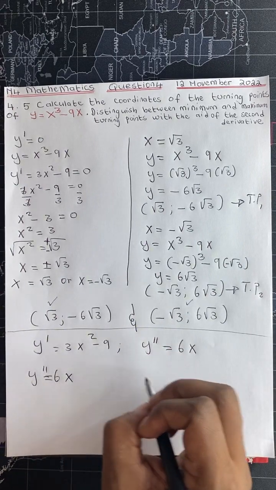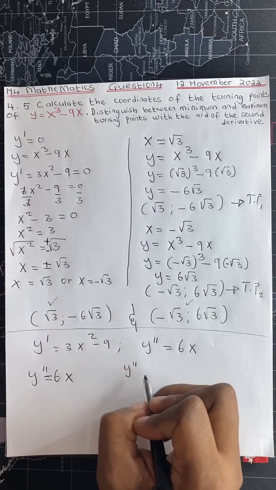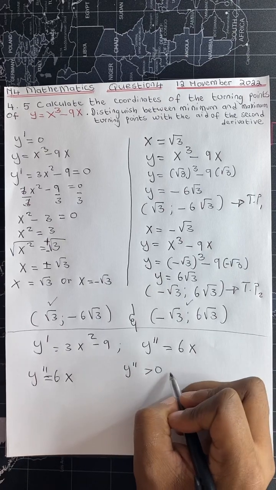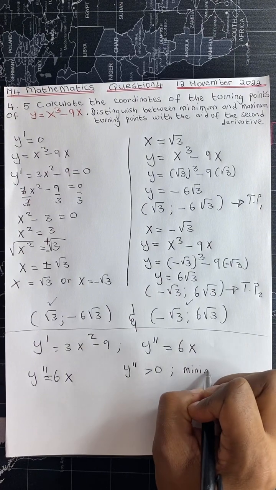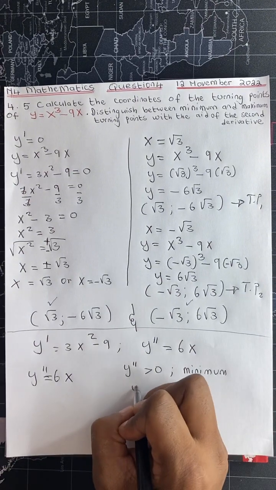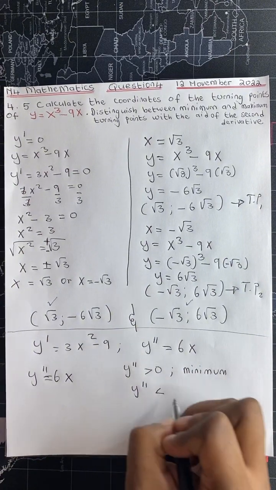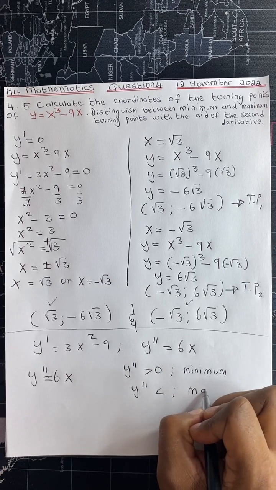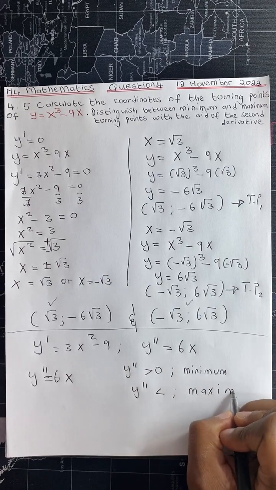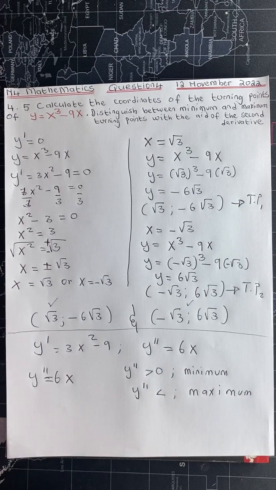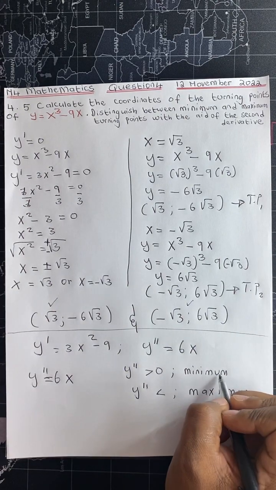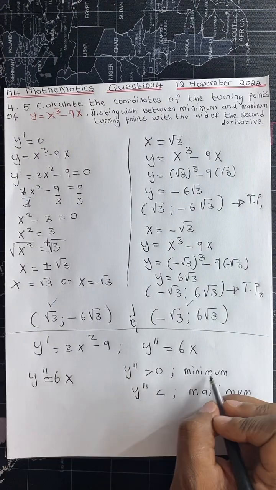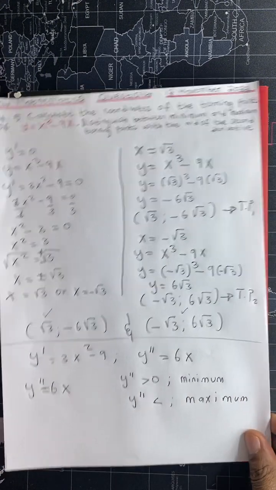If y double prime is greater than 0, then this will be a minimum. And if y double prime is negative, this will be a maximum.